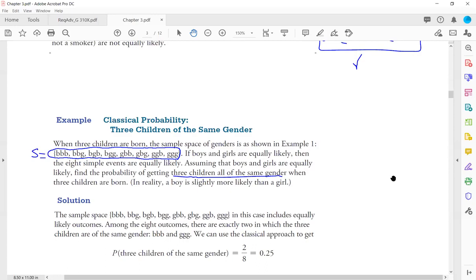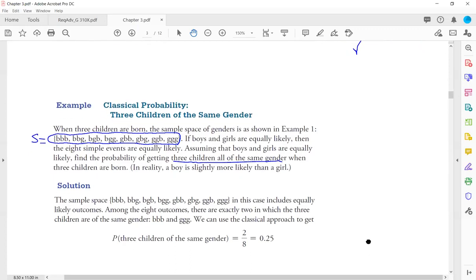So 3 children. The probability of 3 children of the same gender is equal to, they are either all boys, 1, or they are all girls, 2. So you form a fraction.